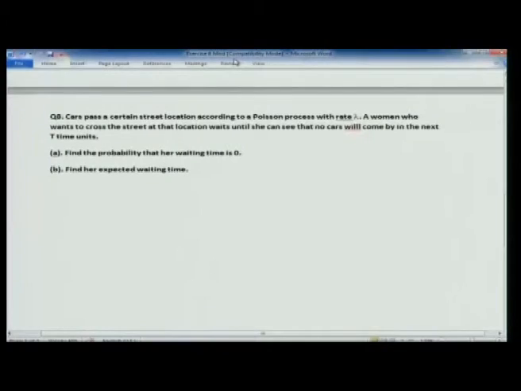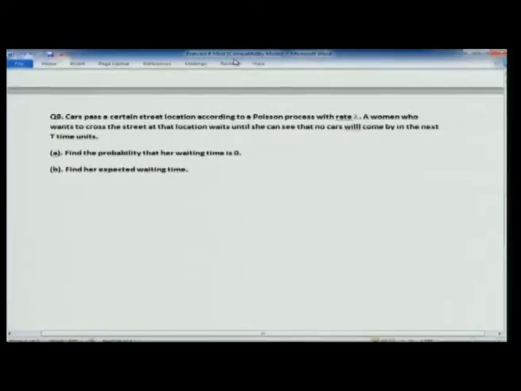So, find the probability that her waiting time is 0. Waiting time is 0 means she comes to the location, and there is no car coming for the next t units. Because your arrival process is Poisson with rate lambda, your inter-arrival times are also exponential with parameter lambda. So, that means no arrival in the time 0 to t.